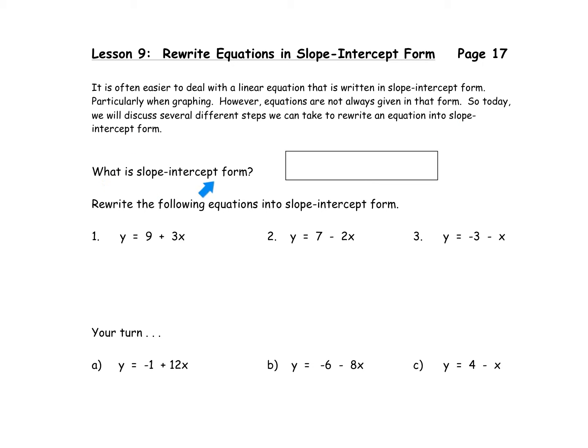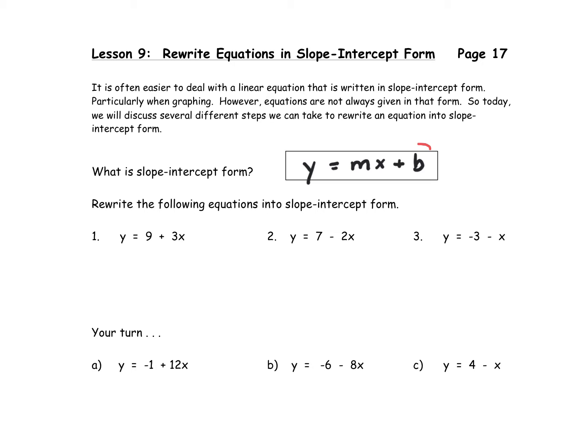So what is slope-intercept form? Well, if you recall from our previous linear equations unit, we start with y equals, and then we have a coefficient of x. We refer to that as m, plus b, which is called the y-intercept.